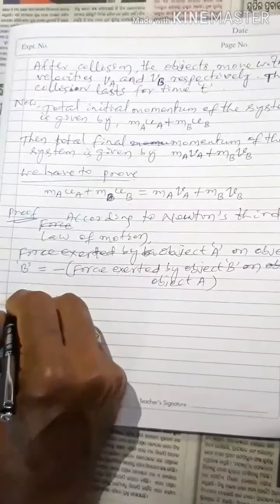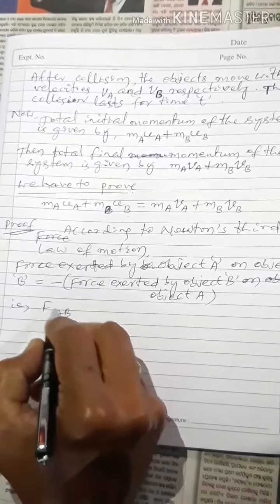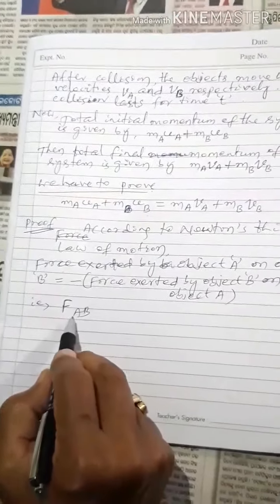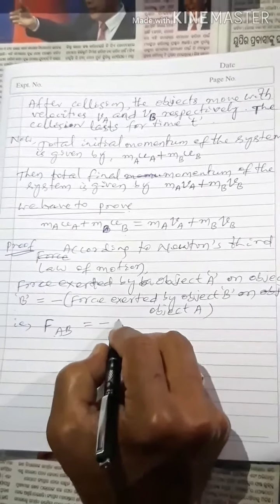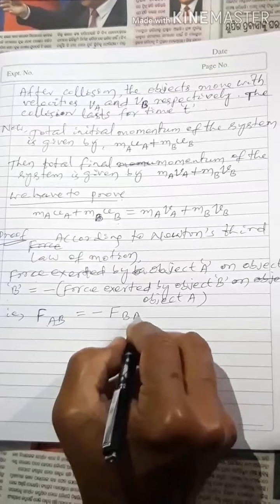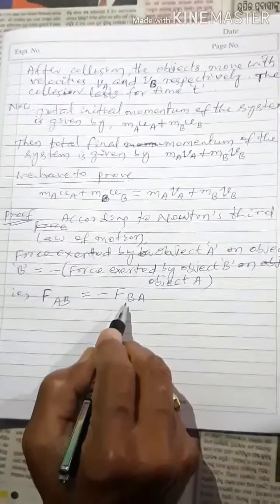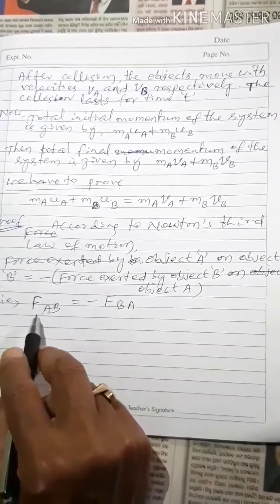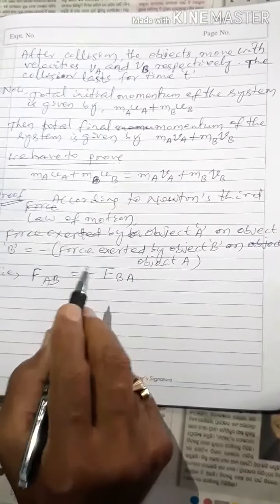Okay, so we can write it as FAB. FAB means force exerted by object A on B is equal to negative of FBA, that is, negative of the force exerted by object B on A. Clear? So FAB is equal to negative of FBA. Clear?